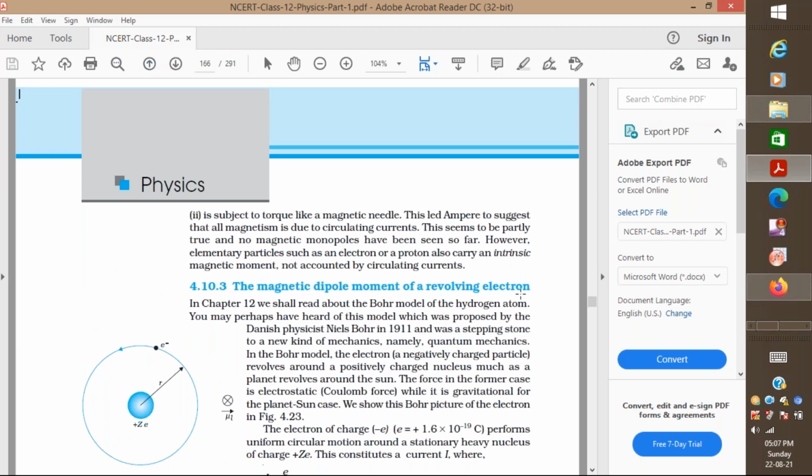Can anyone confirm, Nikhil, did I teach you this one, the magnetic dipole moment of a revolving electron? Did I teach this part in the last class? I don't remember actually. Can you confirm in the chat box?